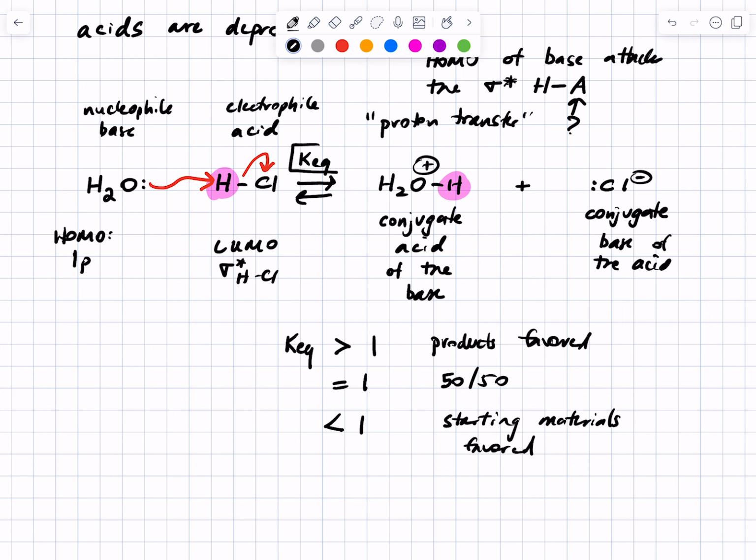So asking this question about equilibrium constant is really important because if we know what that equilibrium constant is, we can answer the question, is water a strong enough base to remove the proton from HCl? We could do the experiment and measure the equilibrium constants, but it turns out people have done this already and tabulated them.